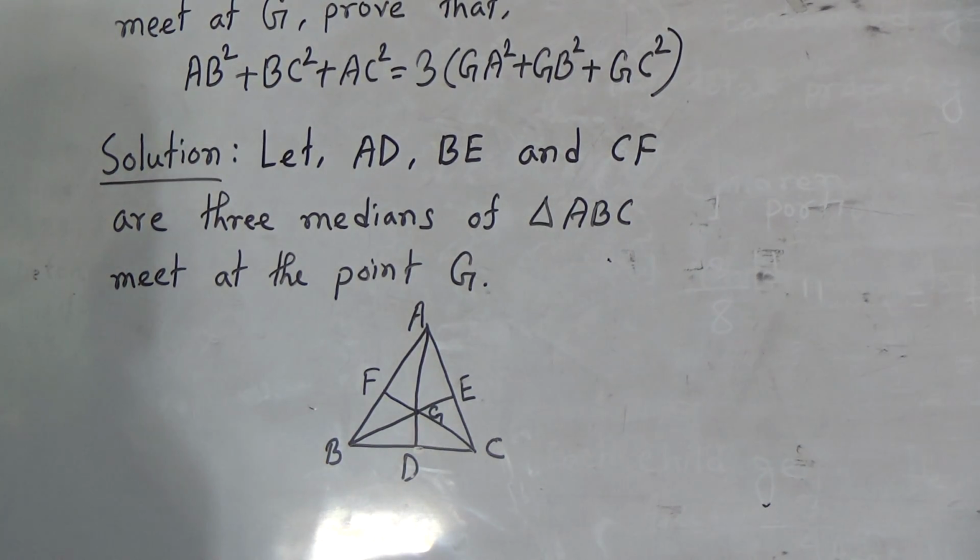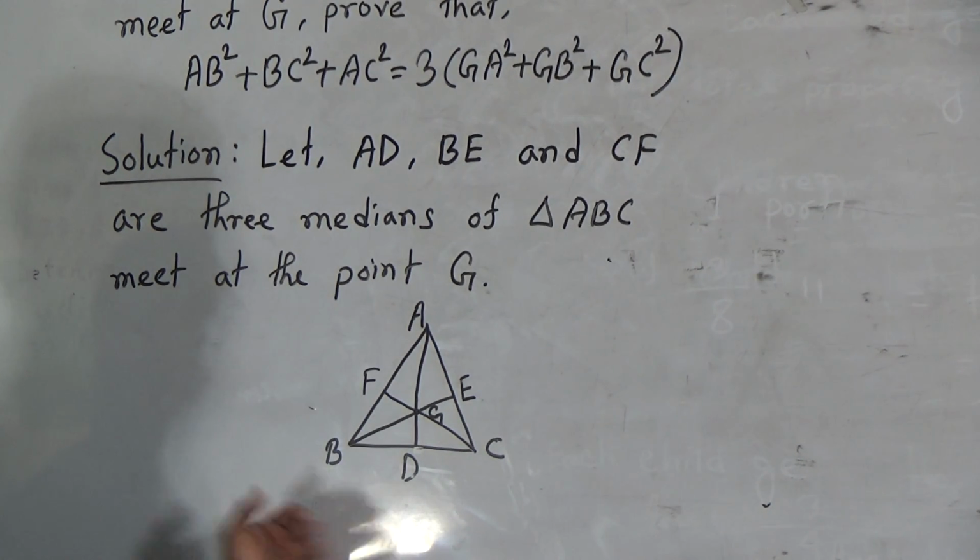Now how will we get it? We'll get it by the Apollonius theorem and its extension, from the relationship of the three sides of a triangle with the three medians of the triangle.